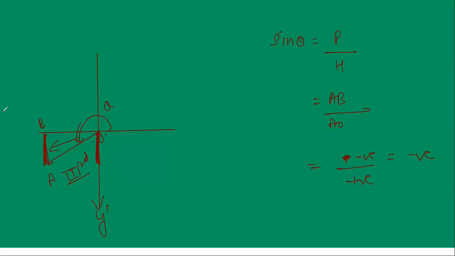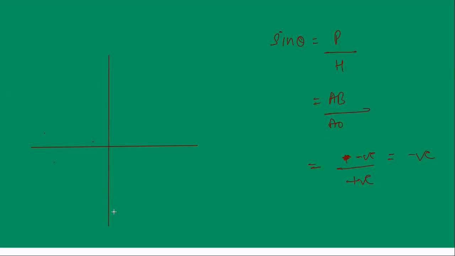Now let's talk about the fourth quadrant. Let me draw it nicely. I have to start from the positive x-axis up till here.